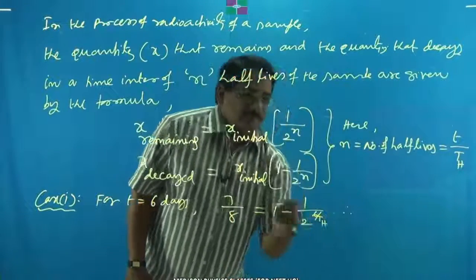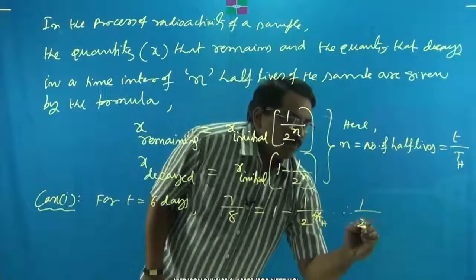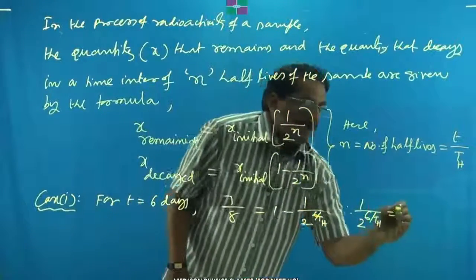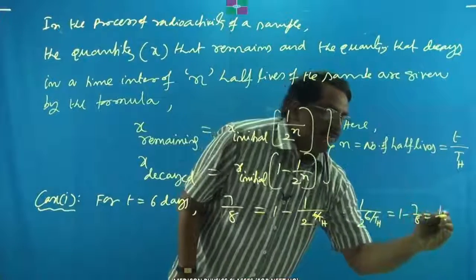Therefore 1 by 2 power 6 by half-life of the sample is 1 minus 7/8, that is 1/8.